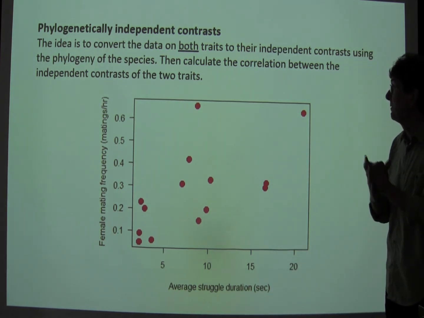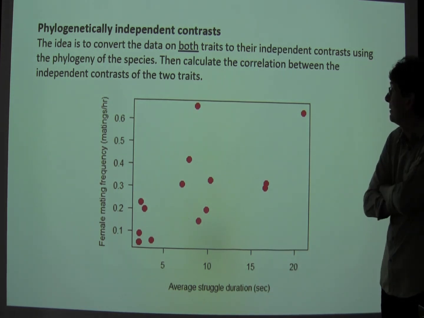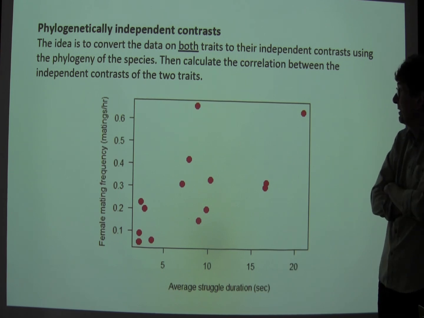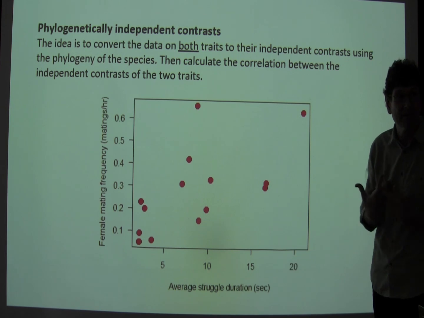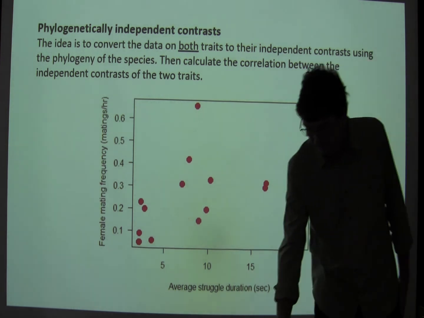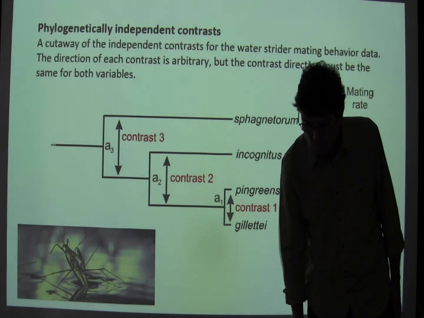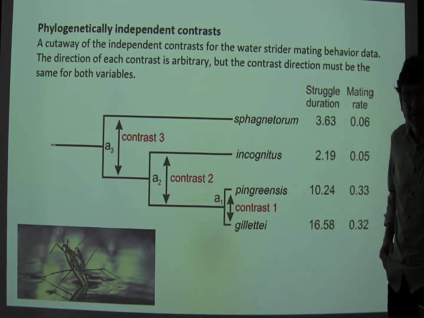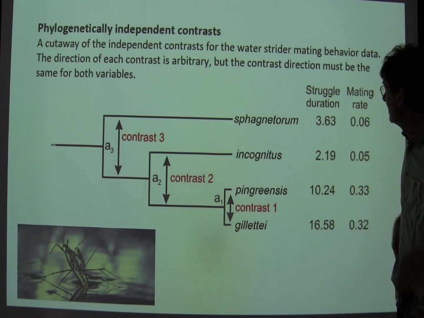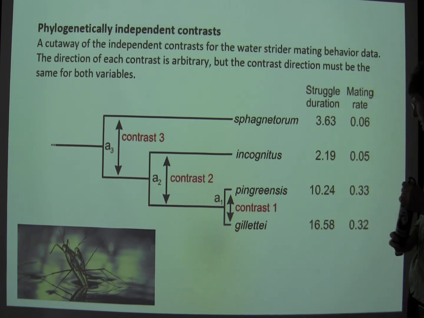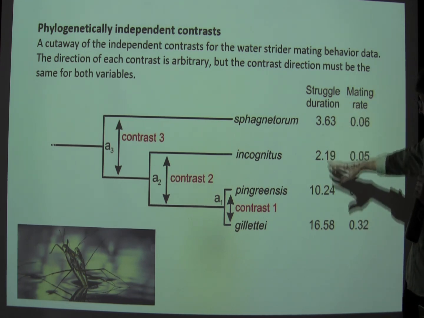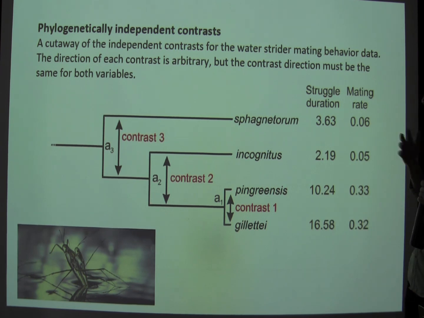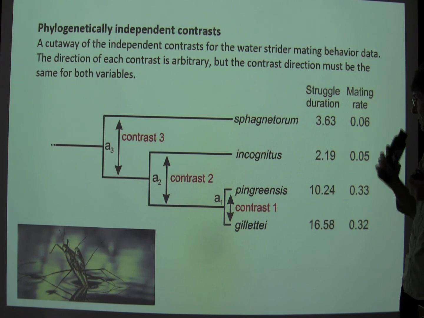Then the method involves converting the data on both traits to their independent contrasts using the phylogeny, and then calculating the correlation between the independent contrasts. And so here's a cutaway of the water strider tree that gives some intuition for how it would work. So here's the value of the two traits that we were interested in: struggle duration, mating rate.